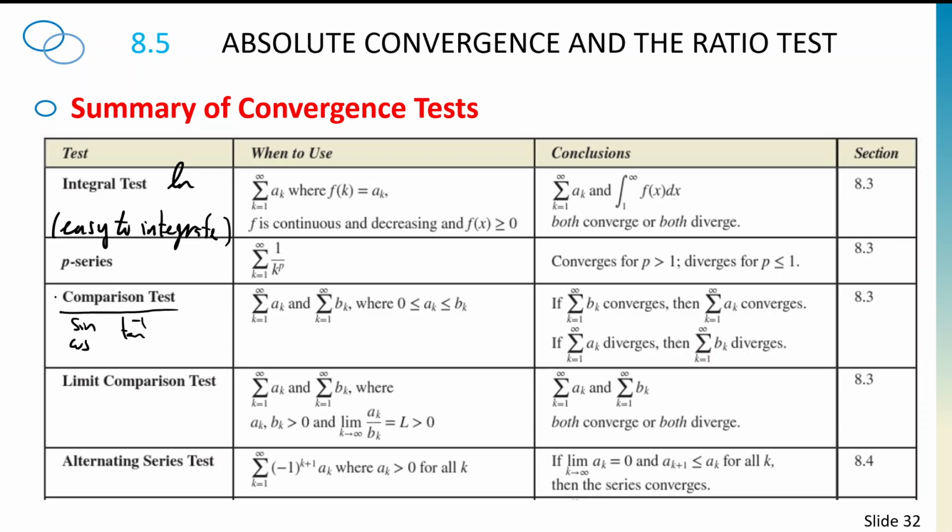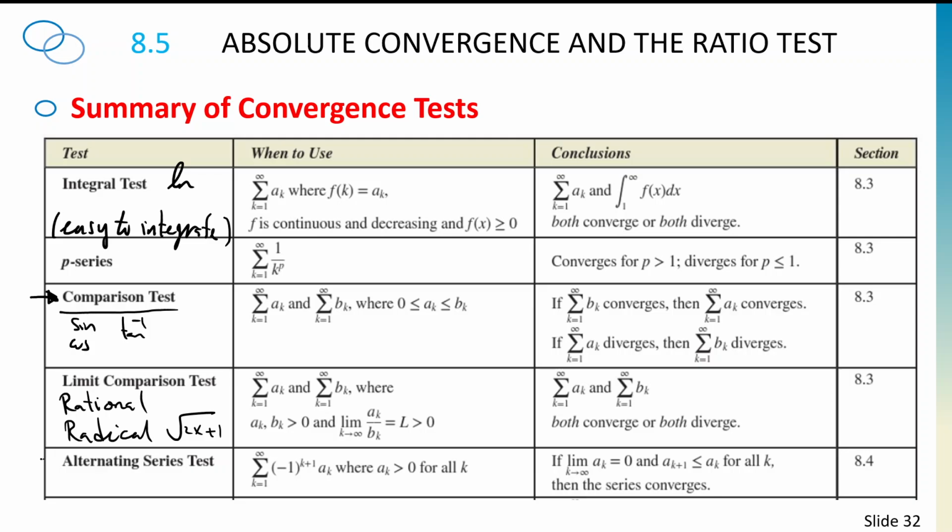With trig, it's easier to use the direct comparison test. The limit comparison test is wider, we can use it for more questions. Basically, you can use it for questions with rationals, like fractions, or anything that involves a radical, let's say the square root of 2x plus 1.